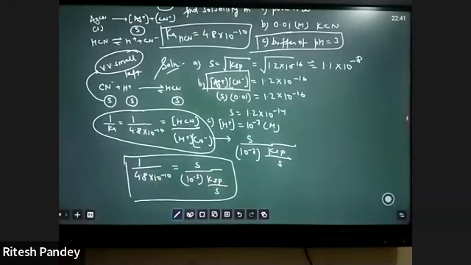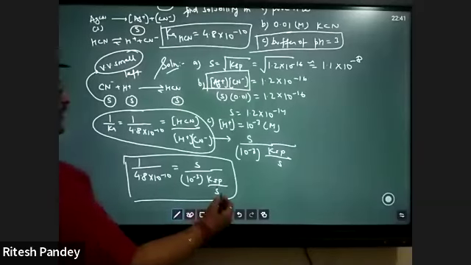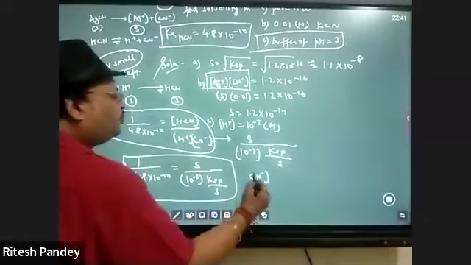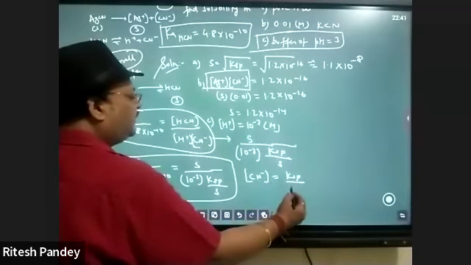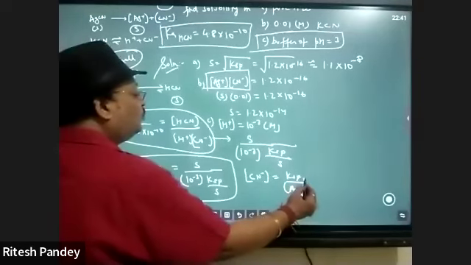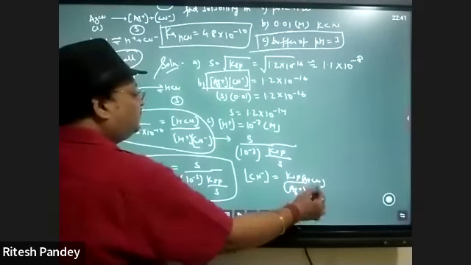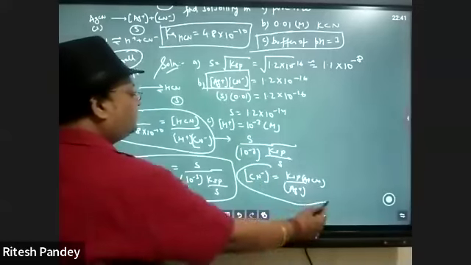I've seen all sources cooking up different assumptions and different approaches, which is not to my liking. I think it should be understood how Ksp upon S comes about. Whatever happens in the world, CN minus will always be Ksp upon Ag plus, if this is the Ksp of AgCN. This is never going to change under any circumstances.